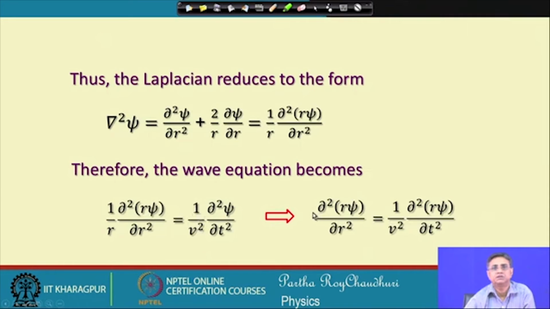So, using this, we can write this equation in this form. So, this is the reduced wave equation in the spherical coordinates for the electromagnetic waves.